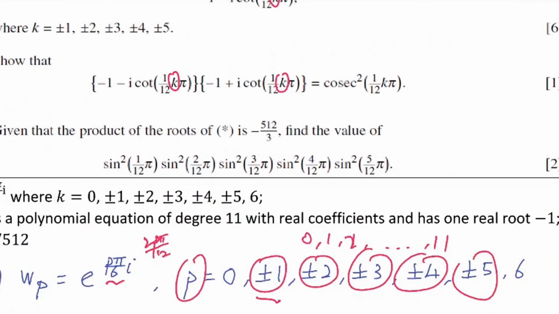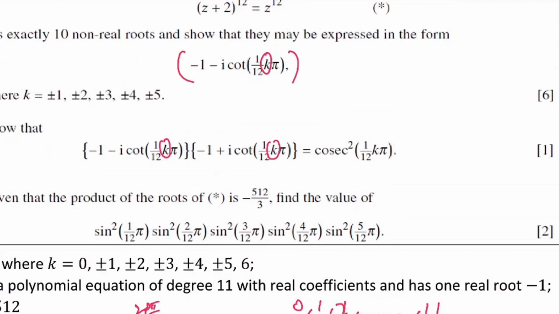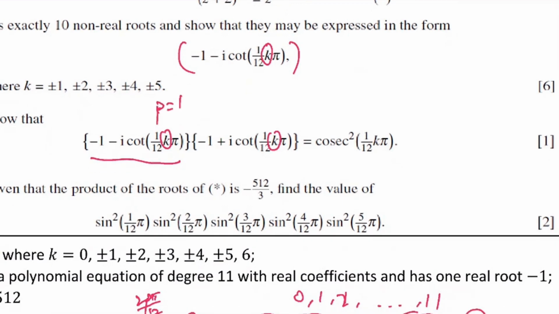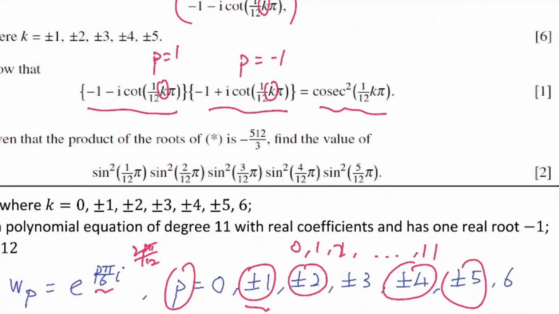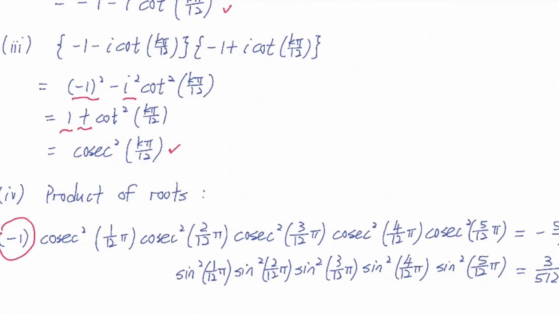So for plus and minus 1, because this is a root, this is a root, let's say when p is equal to 1, and this is when p is equal to negative 1 there. It gives us a cosecant of the negative half of the 1 pi. So we have got the 1 pi. This is coming from the value where p is negative 1 and 1. This one is coming from p equals negative 2 and 2 and so on.